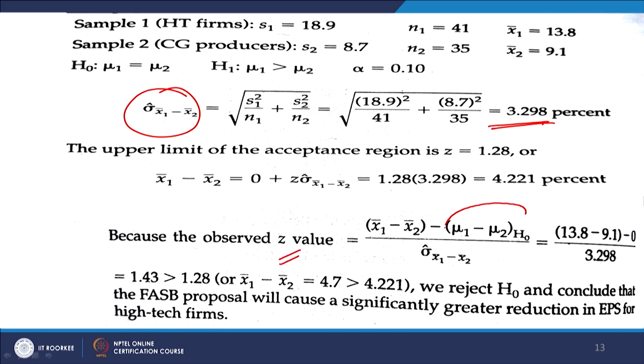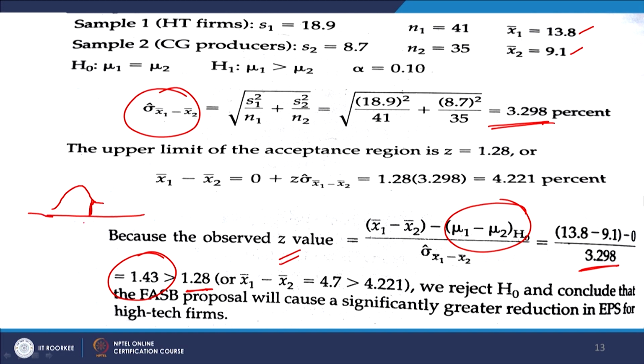This term is 0, x 1 bar minus x 2 bar, which is 13.8 minus 9.1, divided by 3.92. So, this is equal to 1.43 and the critical z value is 1.28. So, this is how you should be drawing your distribution.